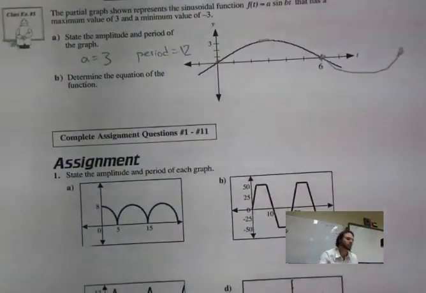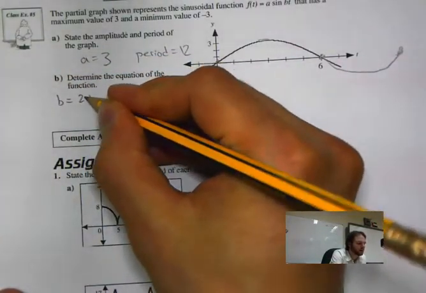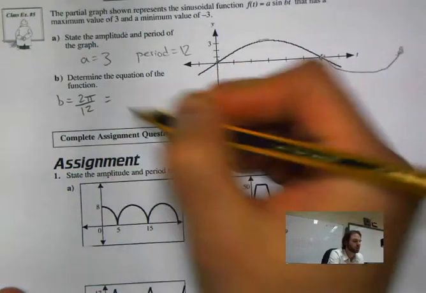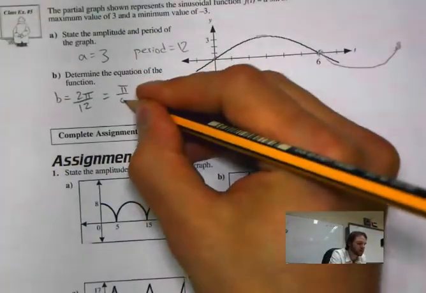So now we have to try and determine the equation. Now if I know my period is 12, we have to figure out b. b is equal to 2 pi divided by my period, which is 12, which gives me pi over 6.